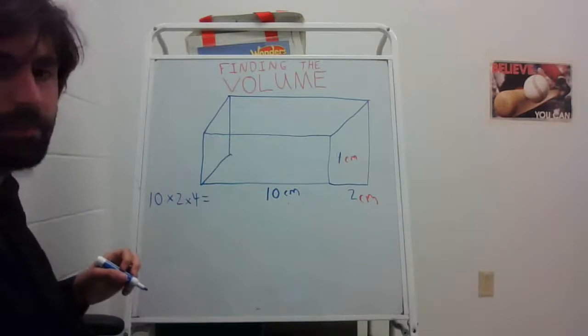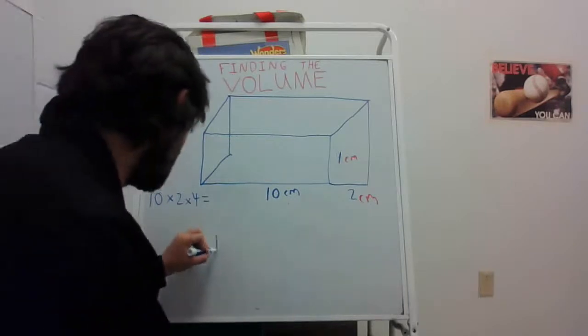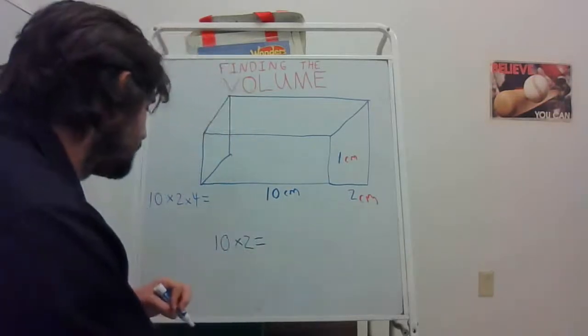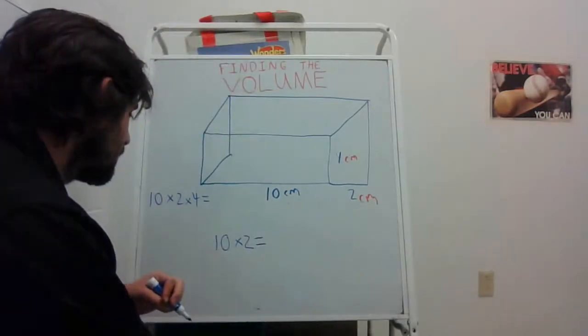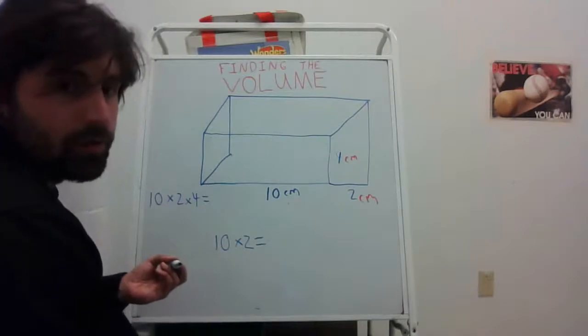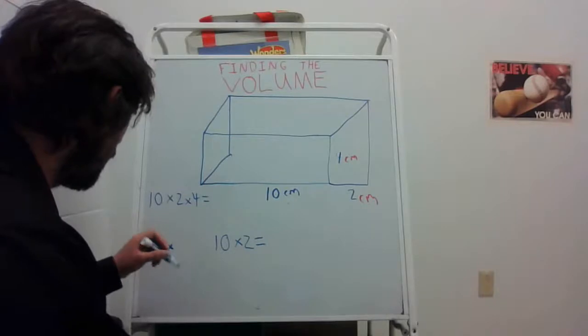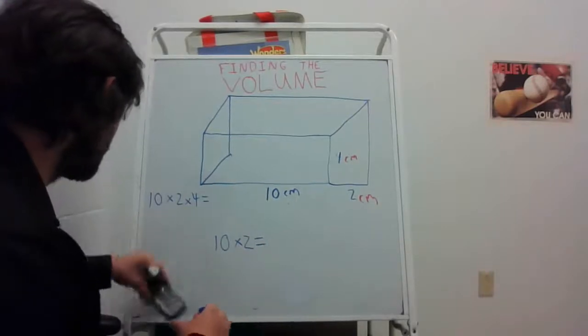All right, so we're going to start out just by figuring out what 10 times 2 is. So 10 times 2, you could draw 2 rows of 10 x's and count the total number of x's, or you could solve it the repeated addition way.